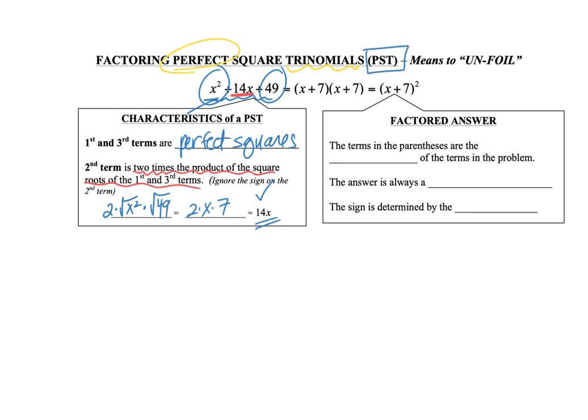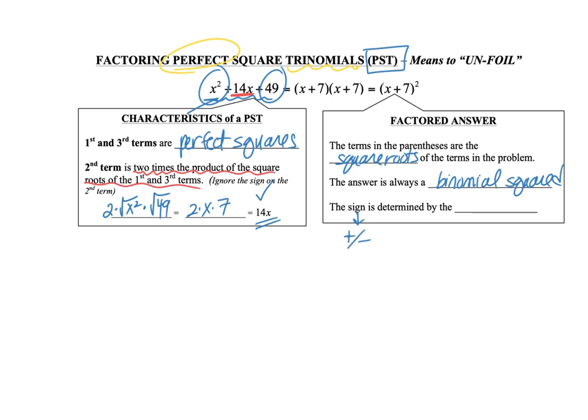I know that the terms in the parentheses are the square roots of the terms in the problem. And that the answer is always a binomial squared. It's always taken to that second power. Now, the sign, when I say the sign, I'm talking about plus or minus.